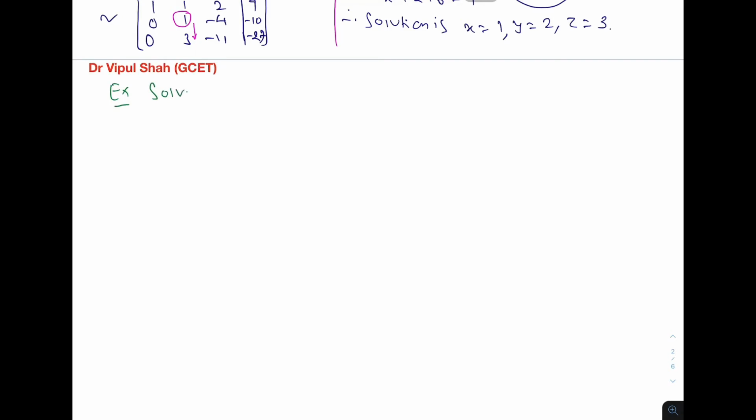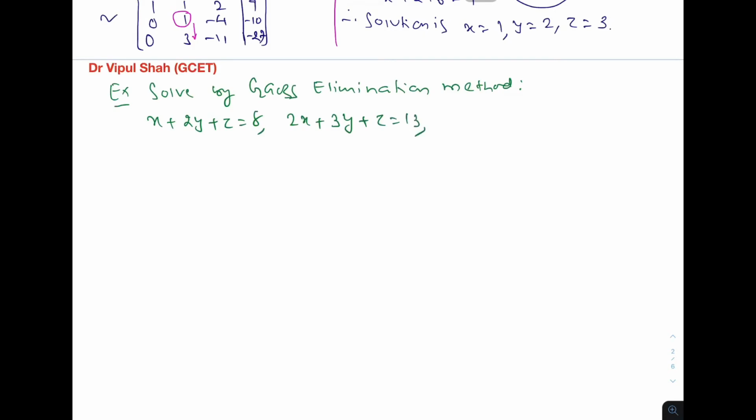Solve by Gauss elimination method: x plus 2y plus z equal to 8, 2x plus 3y plus z equal to 13, x plus y equal to 5.